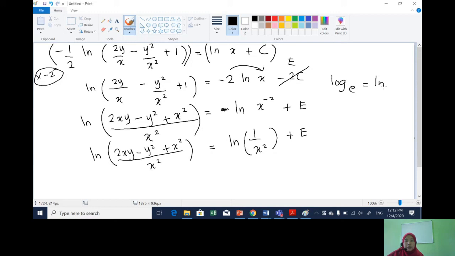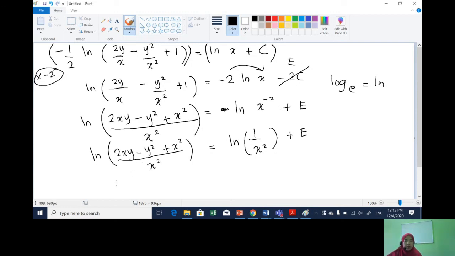So when we remove this ln, there will be e to the power here, correct? So this ln will be cancelled out also. Then we have e exponential to the power e.